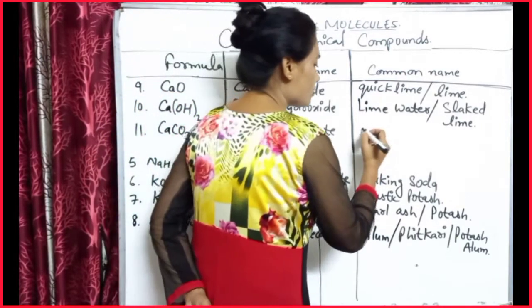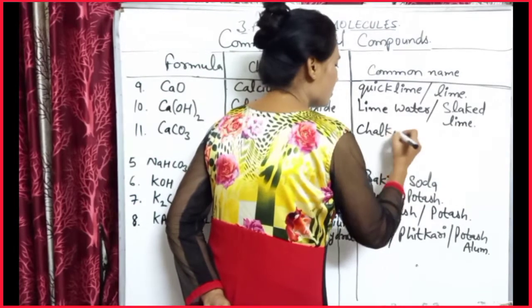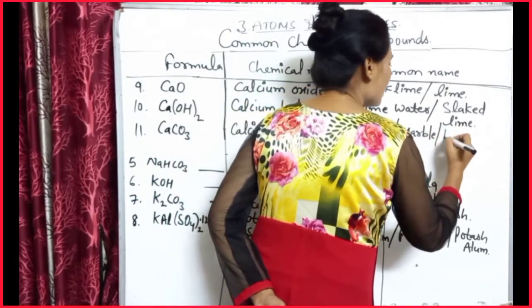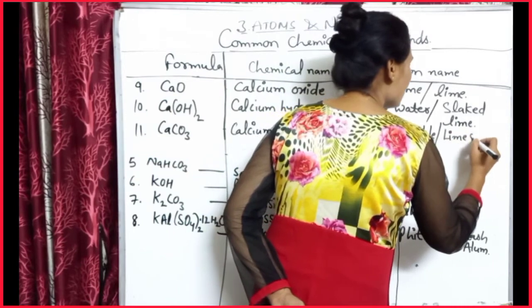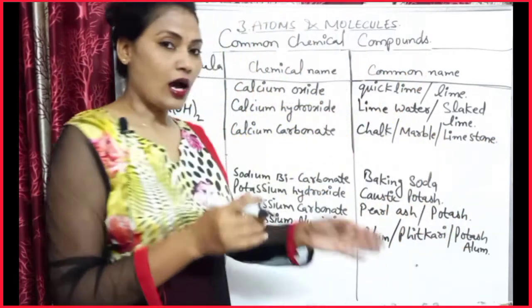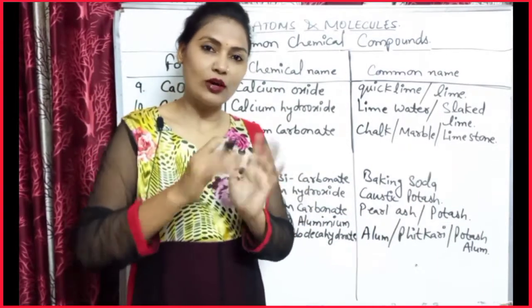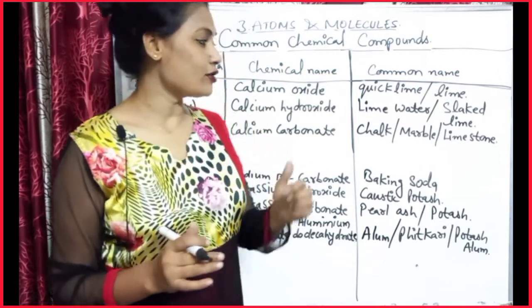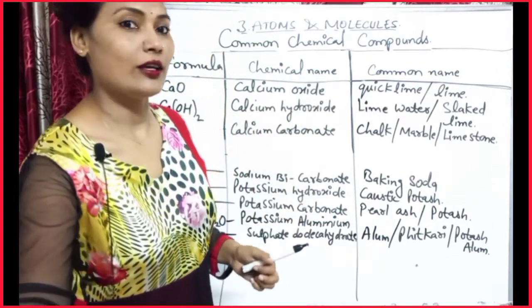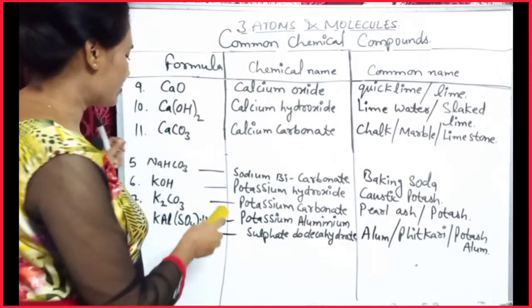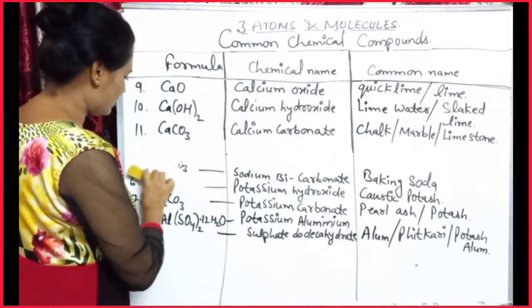So chalk, marble, or limestone. Do you know that the outer covering of the egg, that is the eggshell, is also limestone? Eggshell is also made from limestone. So limestone is present in the eggshell.